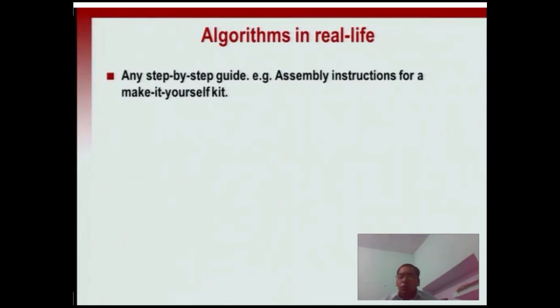Often when you buy a disassembled table, it will come with a sheet telling you how to start with the components and build a table. Those are also similar to algorithms, which give you a sequence of instructions to assemble the product.